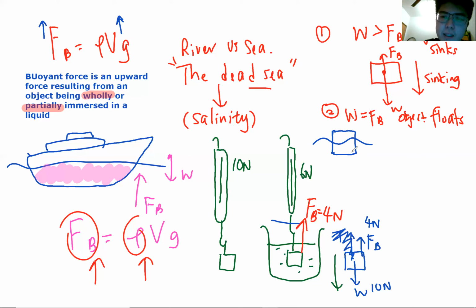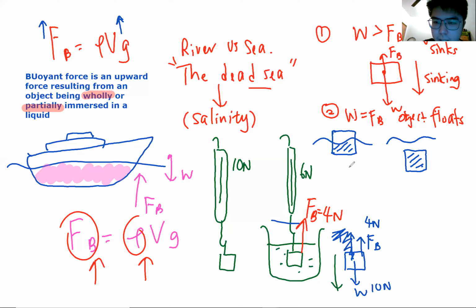Now this is partially immersed, right? 只是沉到一半罢了嘛. And sometimes it can be like this. If the object is completely immersed in the water, but it is not moving down and not moving up, just hovering at this position, this one we also consider as floating.